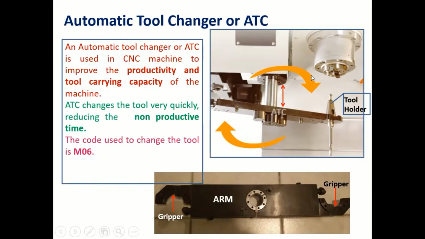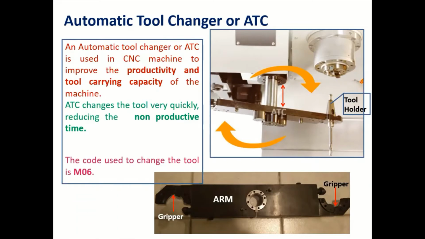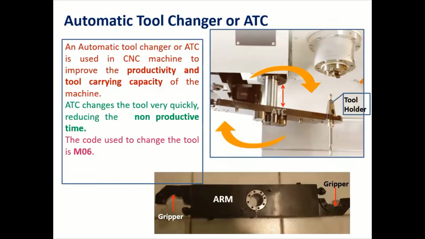Now, as we know, the ATC changes the tool very quickly, reducing the non-productive time. That's why we require it, because if you go manually, it will take more time. Instead of that, we are using the ATC so that we can change the tool very quickly. For that, while writing the program, we use the tool change code M06.